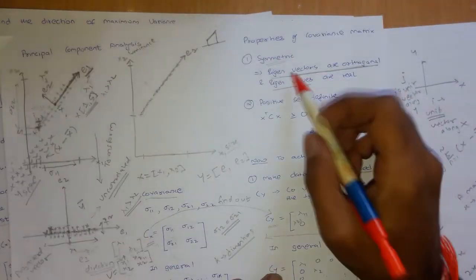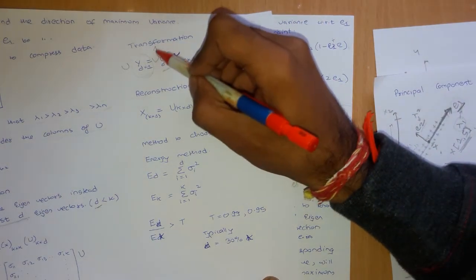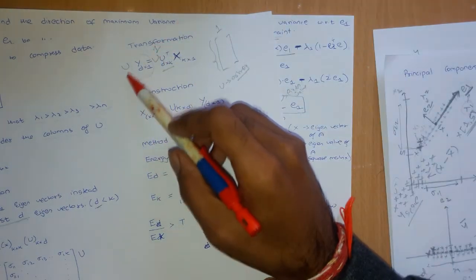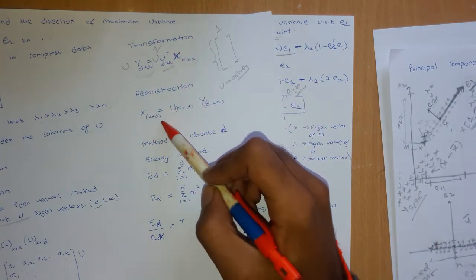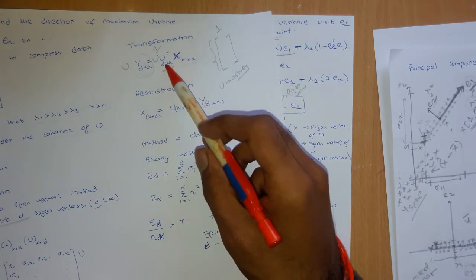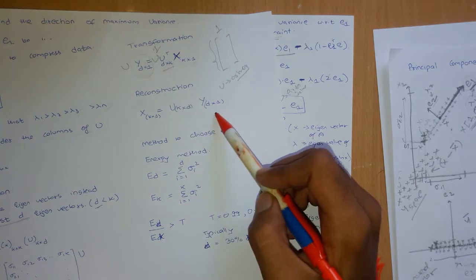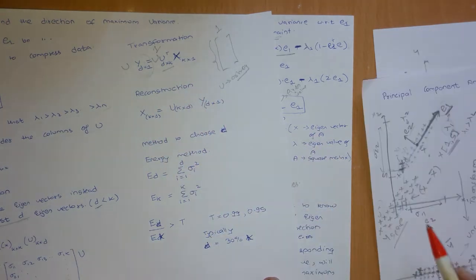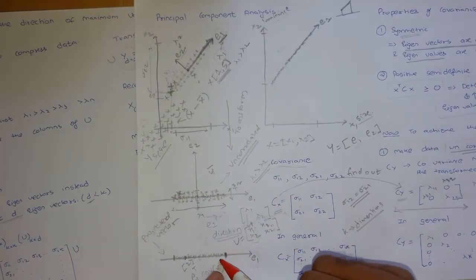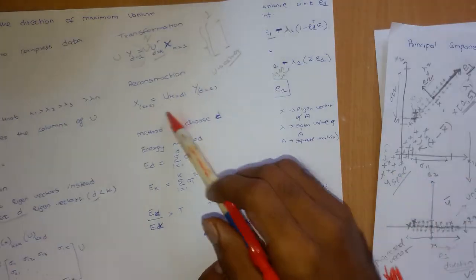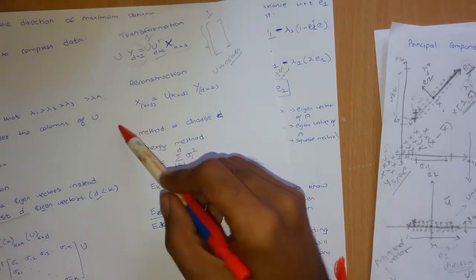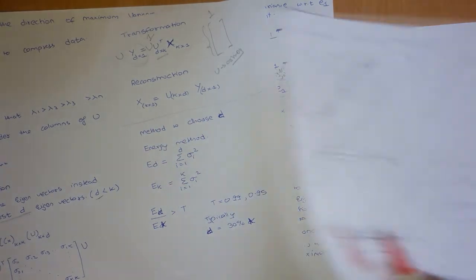Here eigenvectors are orthogonal, so both of these will become I, and what you are left with is x. So x of k cross 1 will be nothing but U into y. So this is the reconstruction equation. So from here, using this reconstruction equation, you can go to here. And that was all. So this is the principal component analysis.